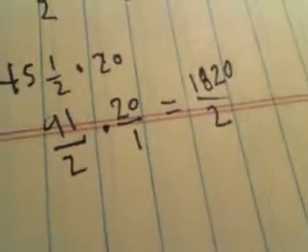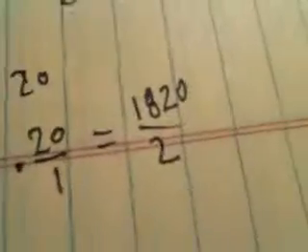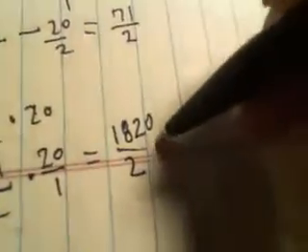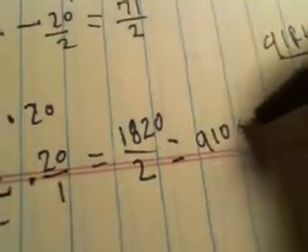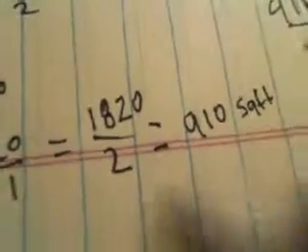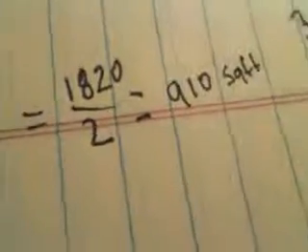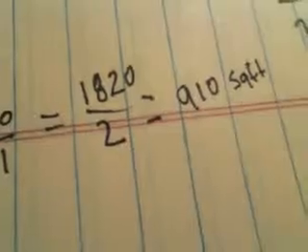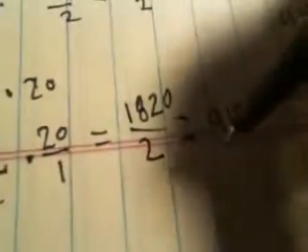So what is the division here? 910. So we can simplify this, and we get 910 square feet. Okay. So now remember that this is 910 square feet of the big rectangle.